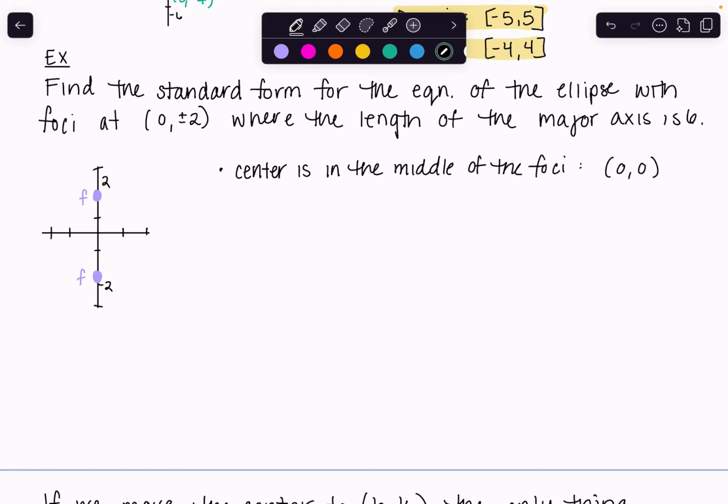And then I also know that because the foci occur in the vertical direction, the major axis is going to be vertical. Okay. And so that tells us the larger value is going to be underneath y.